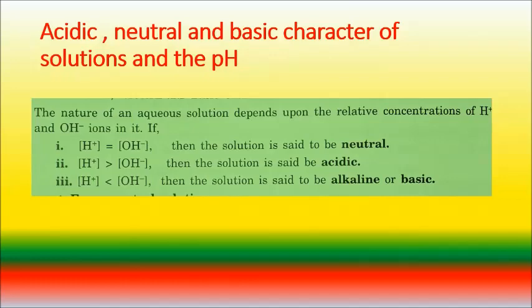Now if the molar concentration of H plus ion is greater than the OH minus ion's concentration, then the solution is said to be acidic. If it is less than OH minus ion, then we can say the solution is basic in nature. So when the hydroxide ion concentration and the H plus ion concentration become equal, it is said to be a neutral solution.